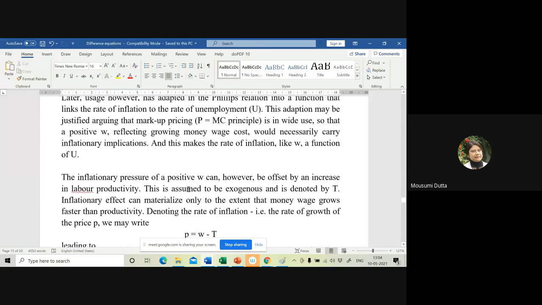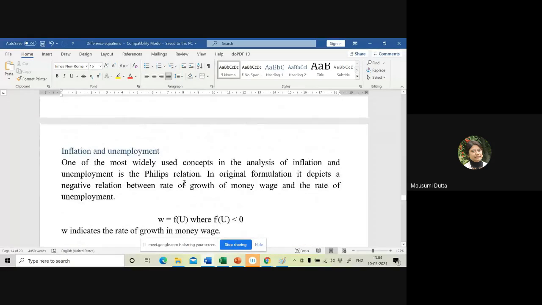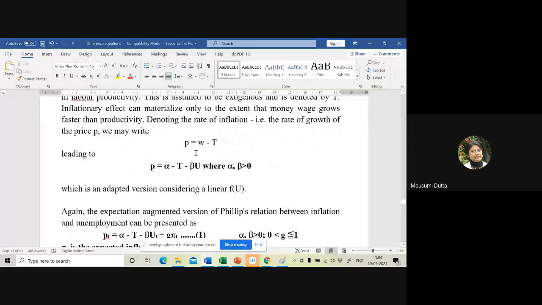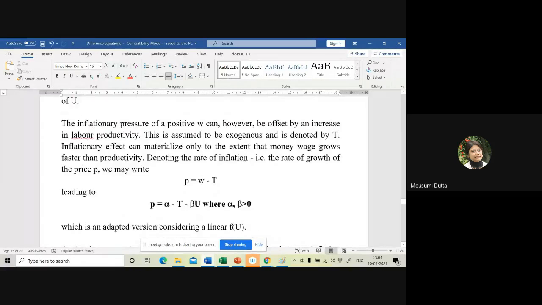You know, first we related the inflation with the wage rate, and then we are bringing this T in the analysis.